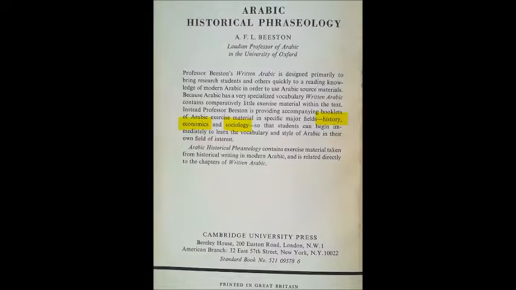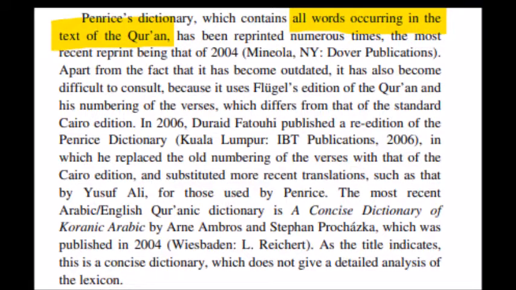So it's modern standard Arabic, MSA. And the Quranic dictionary, the 2 dictionaries that I'm going to go through, it states here from Badawi and Abdel Haleem, Penrice's dictionary contains all words occurring in the text of the Qur'an.